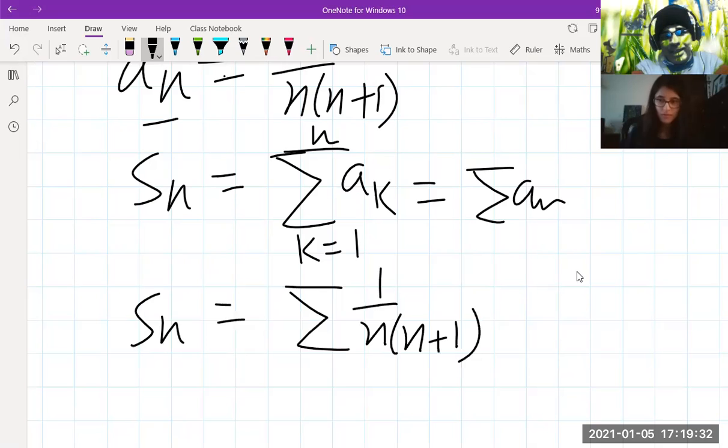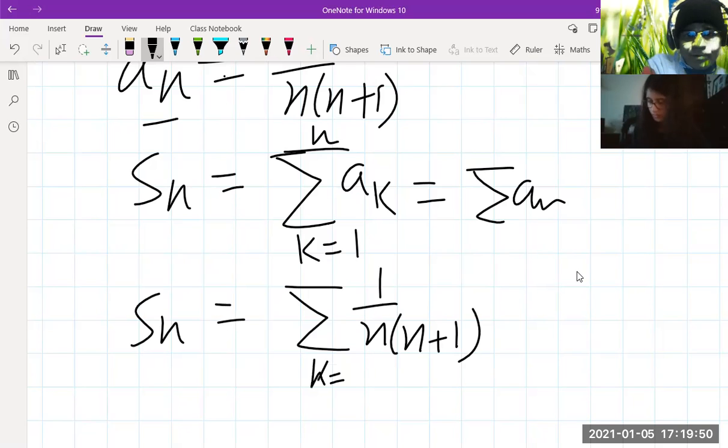Here we have taken ak and k equals to 1 to n, which means we put k equals to 1, k equals to 2, up to n terms. So basically we are taking the sum to n terms, right? So if we take k equals to 1, then 1 upon 1 into 2.